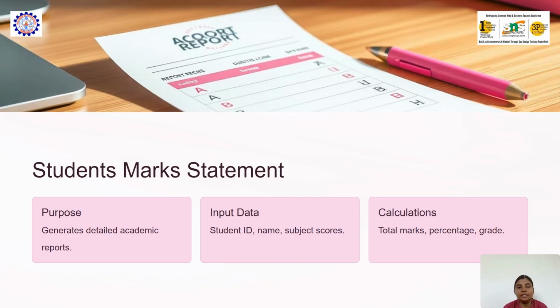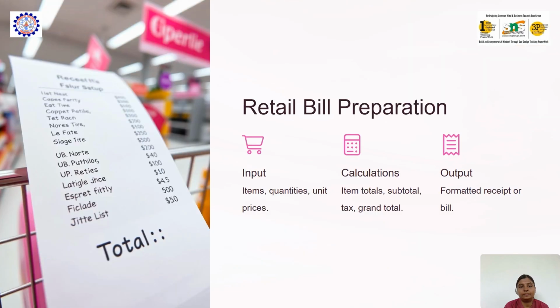In order to generate such a thing, we can use the Python program and give the input data set and compute the total marks, percentage, and grade of an individual for the whole institution, and we can give the whole class marks and then whole school or college marks. Like that we can retrieve the data values.